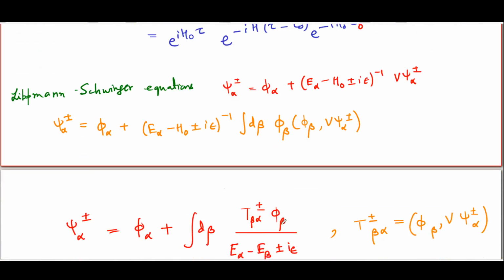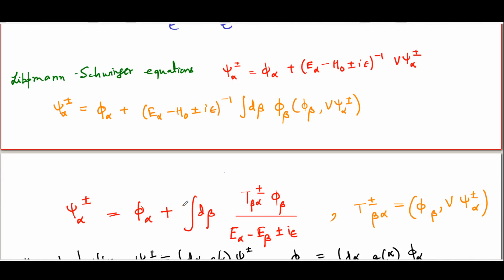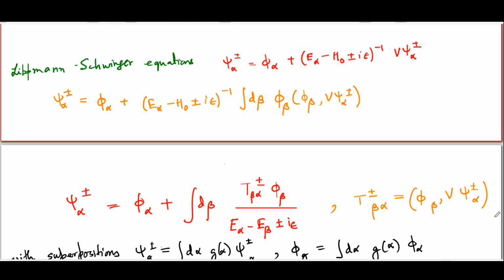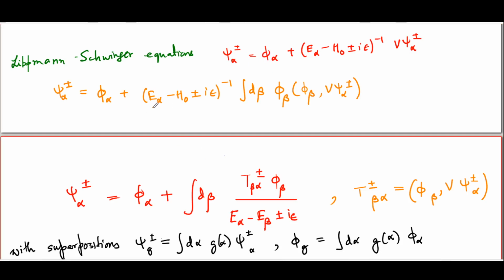So basically psi alpha plus minus can also be written down in this particular form, phi alpha, which is of course the same as this one, plus integral over d beta, t beta alpha plus minus times phi beta. This t plus minus beta alpha is nothing but just this particular inner product, which of course is a complex number, divided by what you get when (E alpha minus H0 plus minus i epsilon) inverse acts on phi beta, namely E alpha minus E beta plus minus i epsilon. This is another form for the Lippmann-Schwinger equation.